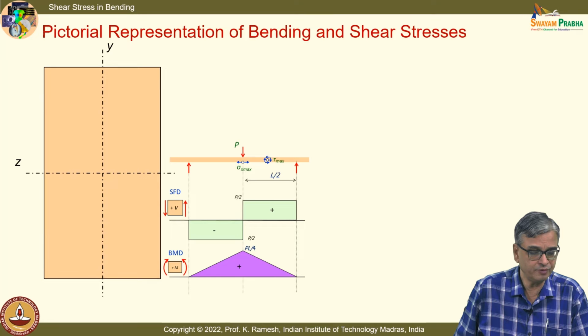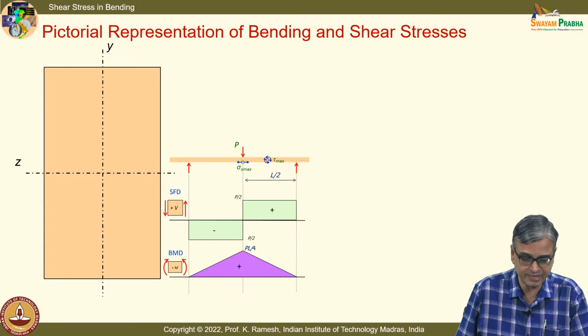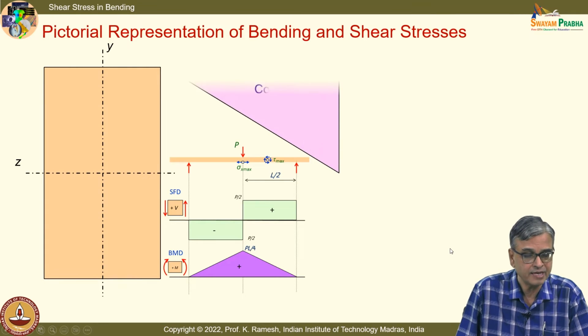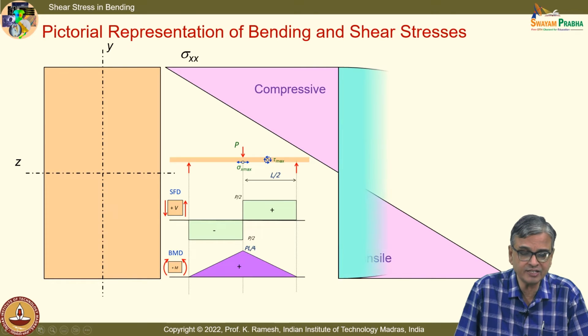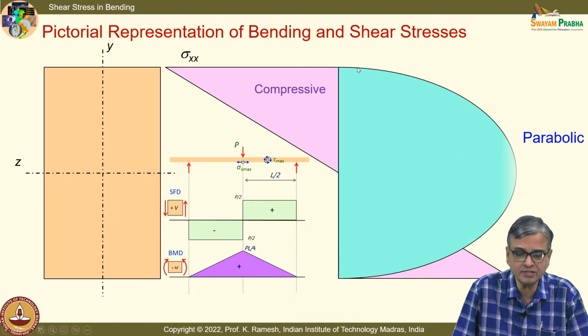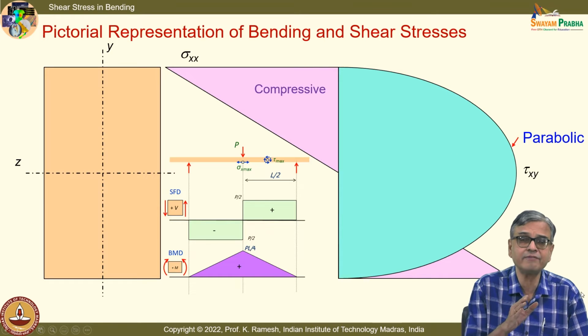And even though we have said shear is important, there are other concepts also we have learned. A bending stress, if you plot it with some scale, is triangular and you have compressive and tensile. And in order to illustrate that shear stress varies parabolically, many books show this big, but they do not give an insight into the relative magnitude. That is also very important.